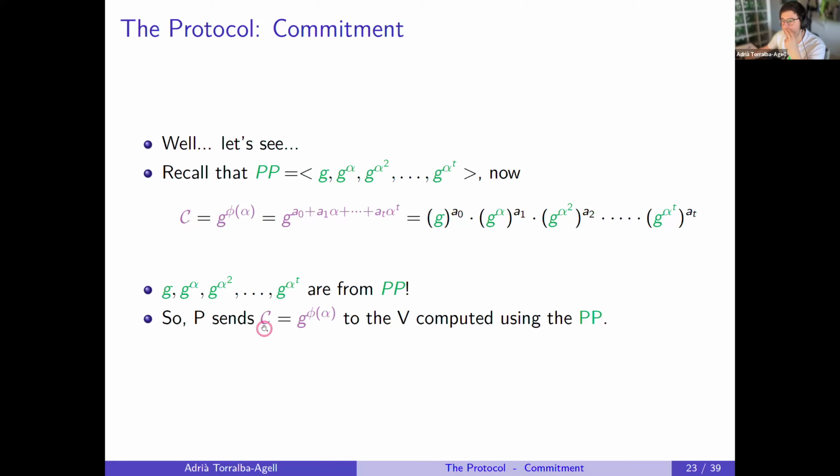So the prover computes this commitment and sends this g to the phi of alpha to the verifier using the public parameters. Is it clear how the prover is doing that?